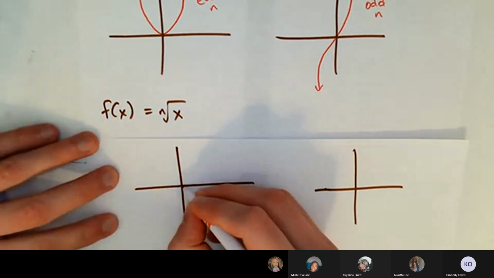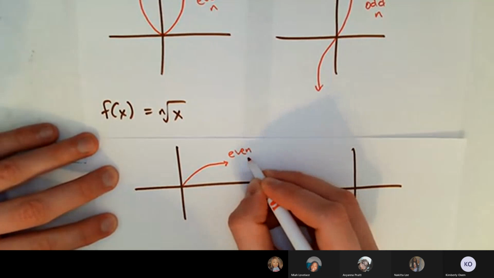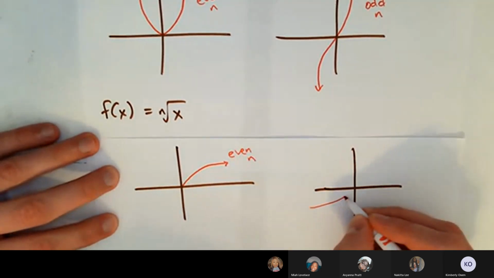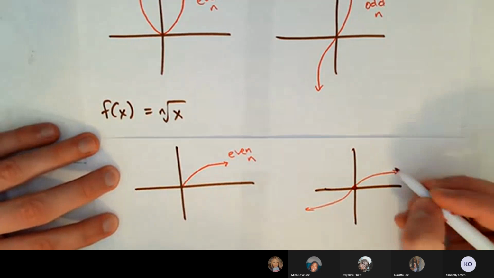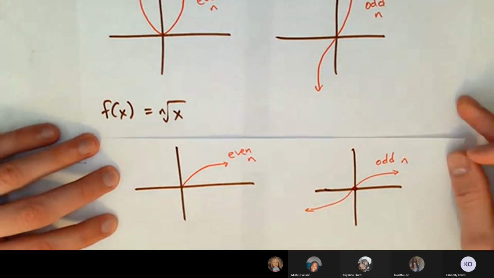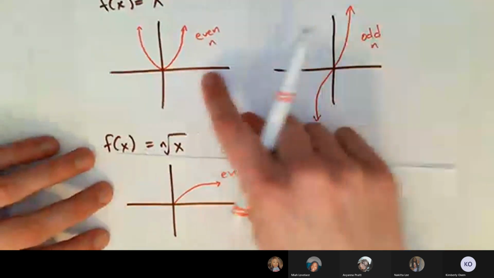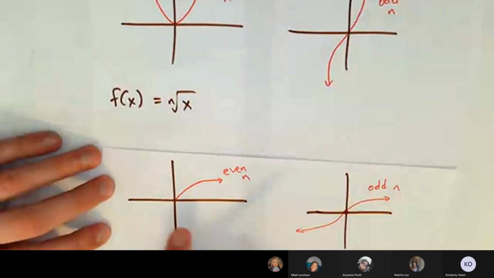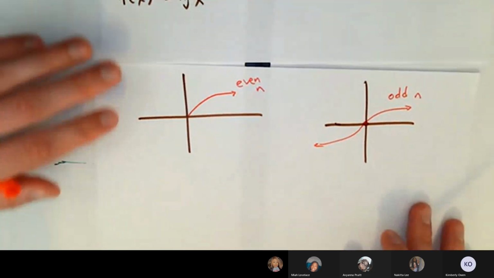For n being even here, for a root function, we have this general shape. For an odd root function, we have this general shape. That's supposed to go through the origin there. This is for an odd n. Okay, so that's power functions, even odd, root functions, even odd, and then what we called reciprocal functions.